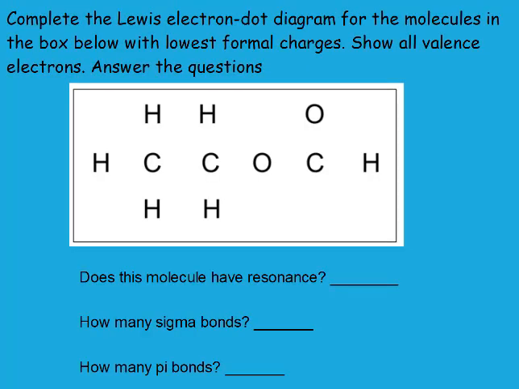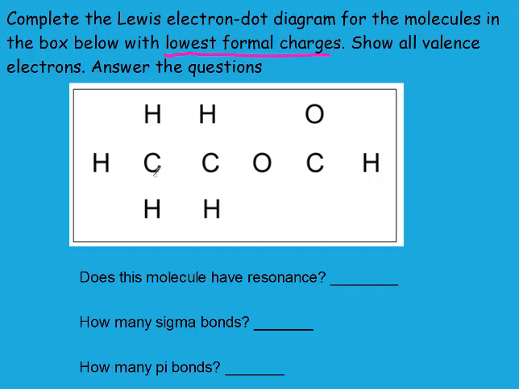Sometimes on the AP test, you'll be asked to complete a Lewis dot diagram given a skeleton such as shown in the box below. In the box, it says, make sure that the molecule has the lowest formal charges and show all valence electrons. So just like we did before, you're going to want to make sure that everything has its octet filled, or octet/duet, and that you're only using the valence electrons you started with.